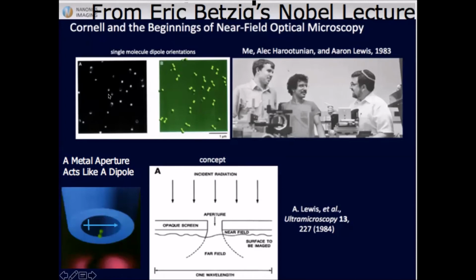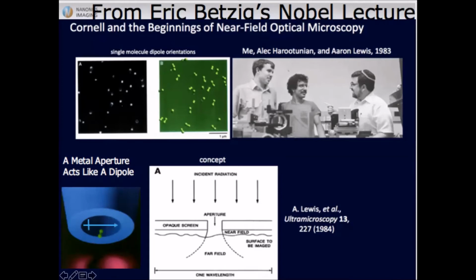And you can see how exciting and interesting this result was, because every molecule is a dipole, and the dipoles are distributed on the surface in 360 degrees. But your probe is a dipole in only one direction.